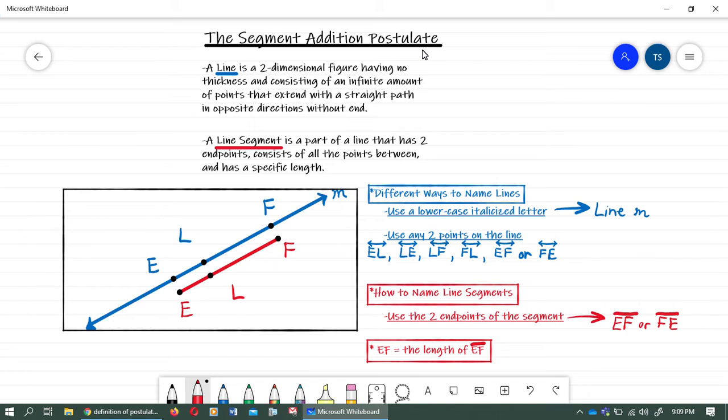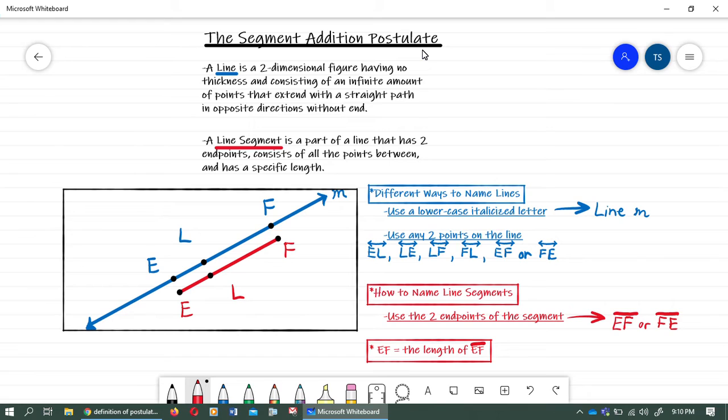When we're in the world of mathematics or the world of geometry, which is a type of mathematics, a postulate, guys, is, let's see, how do we put it? A postulate is a statement which is taken as true. And guys, a postulate is widely accepted as true even without proof.